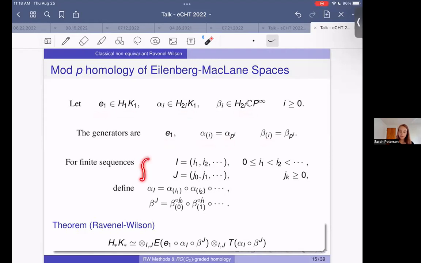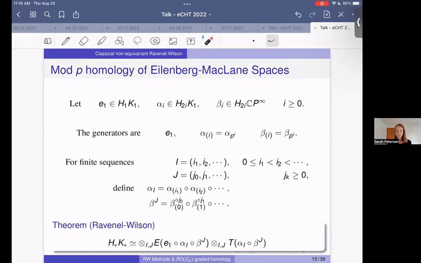And then you need a fair bit of notational indexing sequences, but then they show that the homology of these Eilenberg-MacLane spaces is exterior on circle products of these generators tensored with truncated polynomial of circle products on alpha i and beta i.